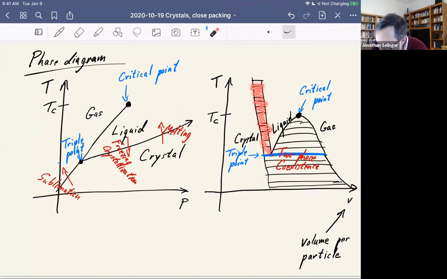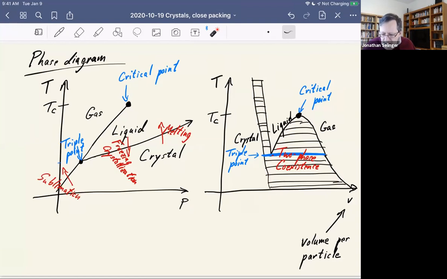Down here, it's coexistence of gas and crystal. So, anywhere you're in a two-phase coexistence region, you look to the right and look to the left, and you have coexistence of the phase that's on the right and the phase that's on the left, with a volume per particle that's given by the volume per particle at that boundary.